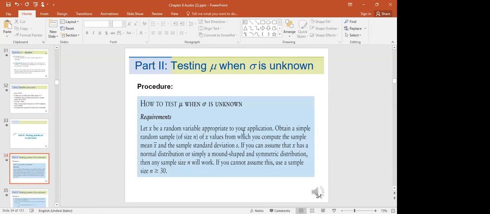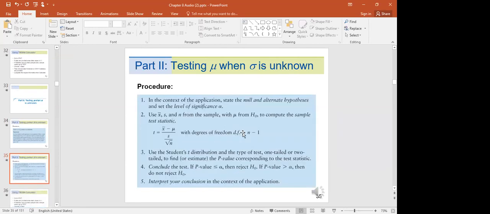If sigma is unknown, then we use the t-distribution with degree of freedom n-1. Here again, I advise you to use your calculator. The test value is similar to the one for the z distribution, but sigma is replaced by s.